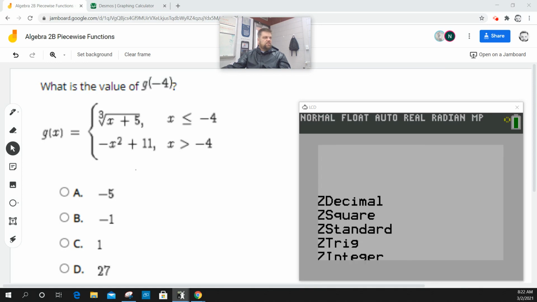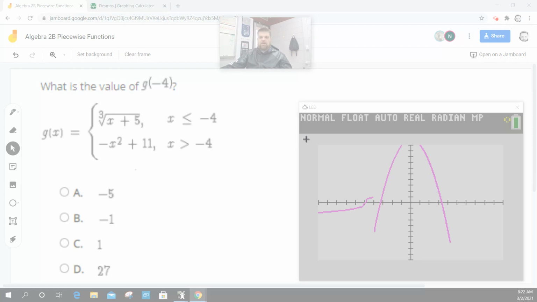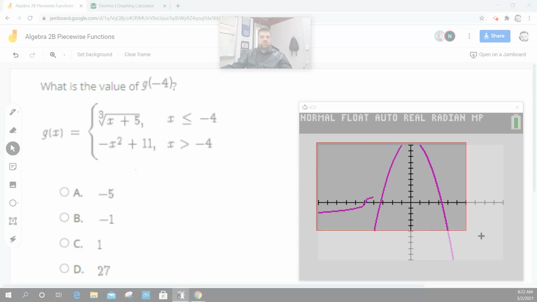We'll just do the standard zoom. So this is a jump discontinuity because the piecewise function, the way that it's set up, it doesn't line up. You know what I mean? It doesn't line up. So let me take a picture of this and we'll put it in the Jamboard notes for later.